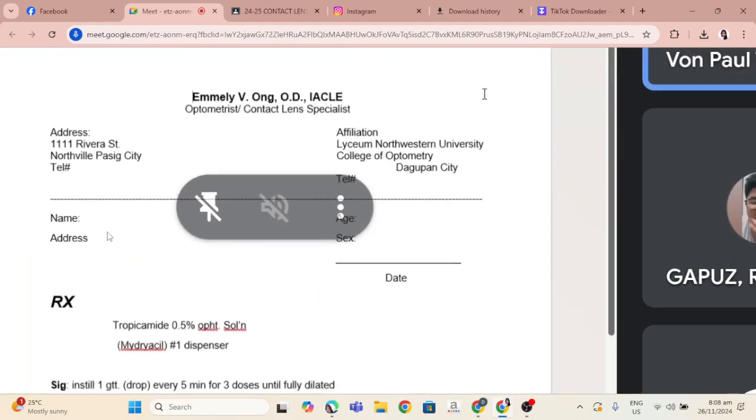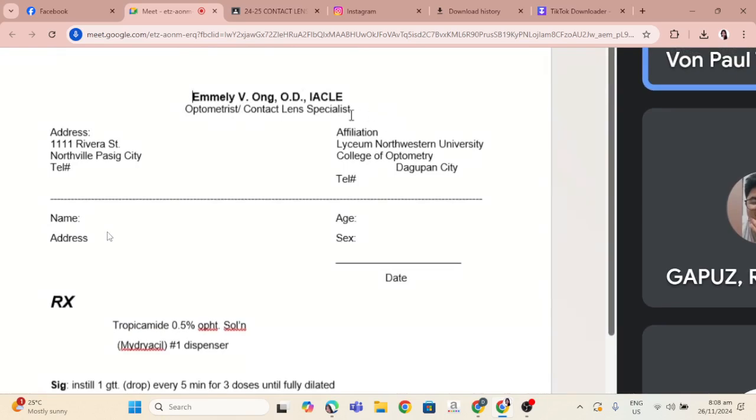Practitioner, Dr. Emily Ong, an OD, and also a specialist or contact lens specialist or an affiliate also of IACL or International Association of Contact Lens Educators. Dr. Emily is an optometrist and a contact lens specialist.